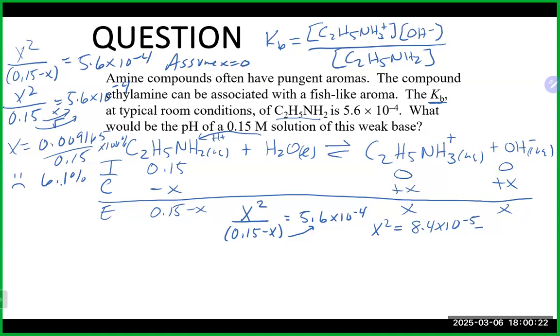Minus 5.6 times 10 to the minus 4 X, obviously, when we multiply the other guy across. Going to bring everybody to the same side there. Going to get us X squared plus 5.6 times 10 to the minus 4 X minus 8.4 times 10 to the minus 5 equals 0. That obviously is our A, B, and C happening here.